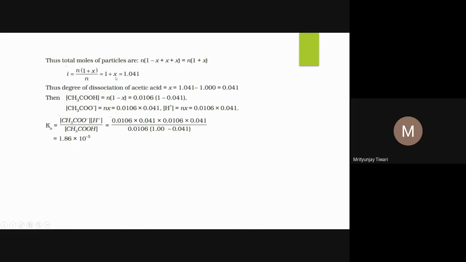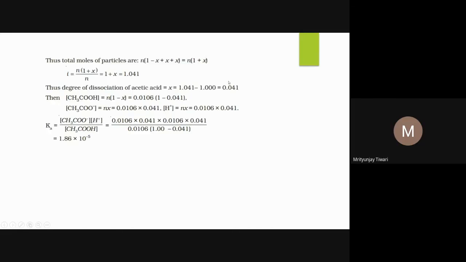So now x is equal to 1.04 minus 1, which is 0.041. This is how I directly told you earlier what the degree of dissociation would be. This is how we obtain it from the calculations.